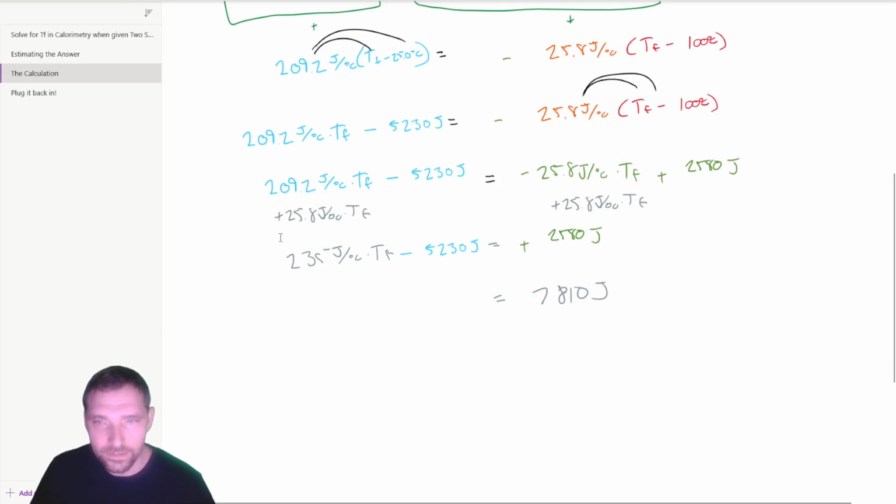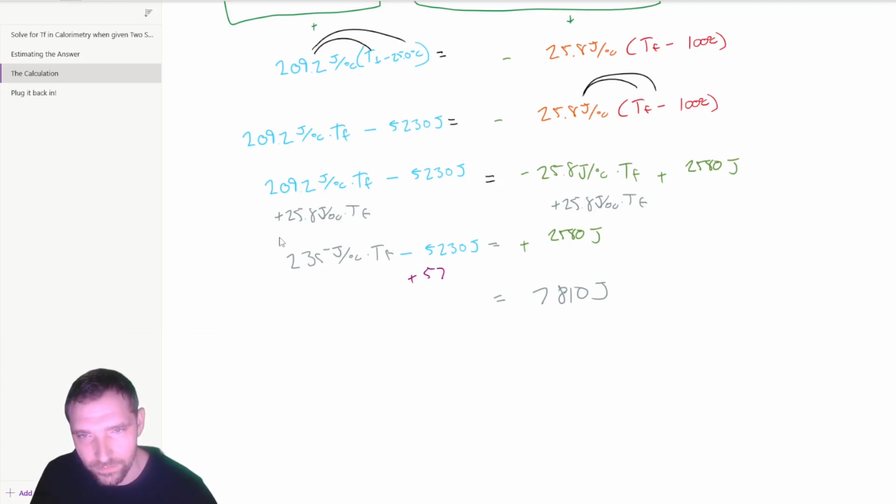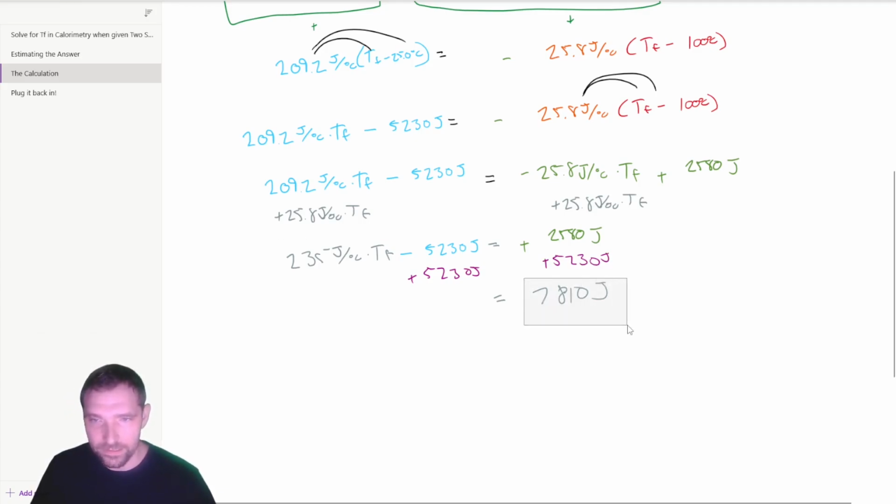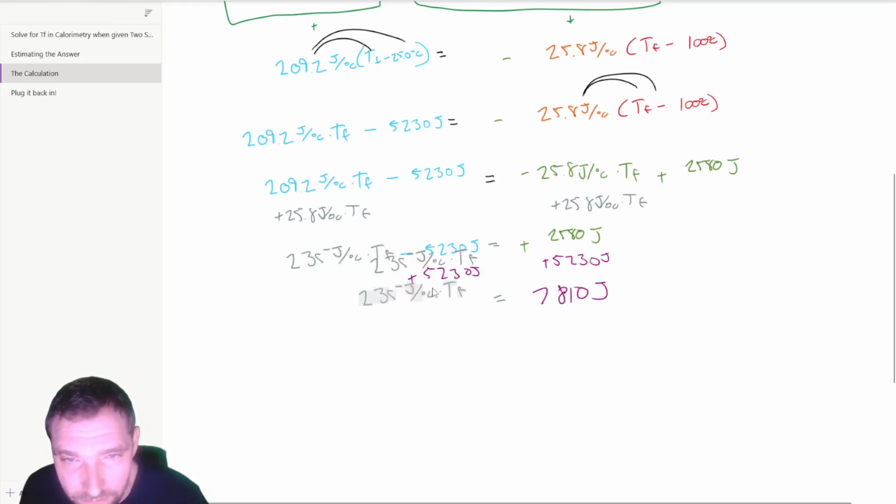And that is now, yeah, because we added just to keep the things clear. Ends up giving us this number here. And that is now equal to what we've got here. We should be able to solve for T final.